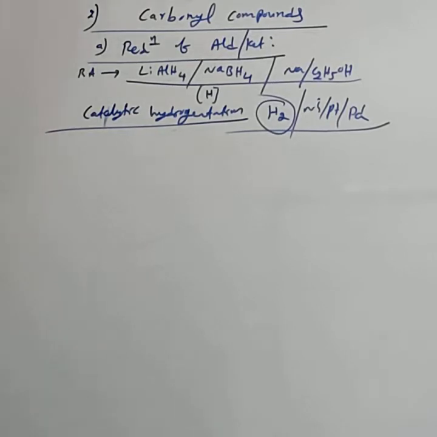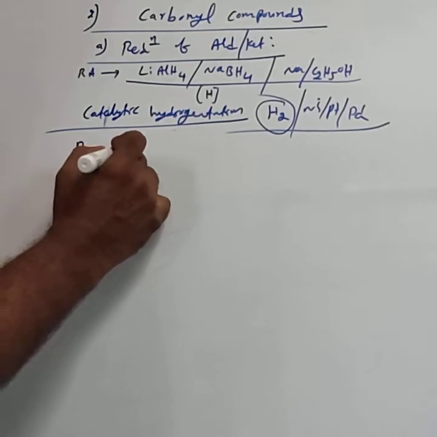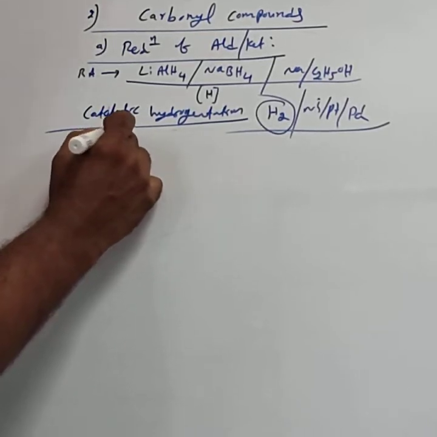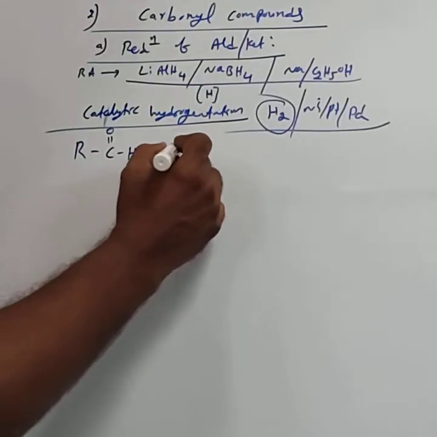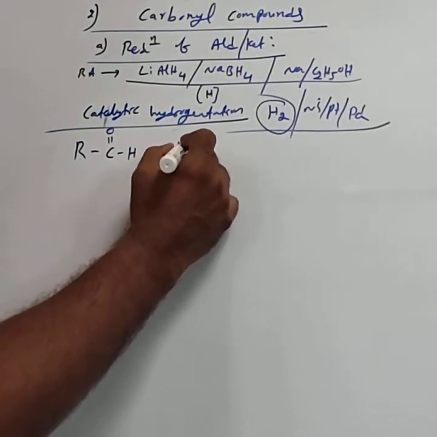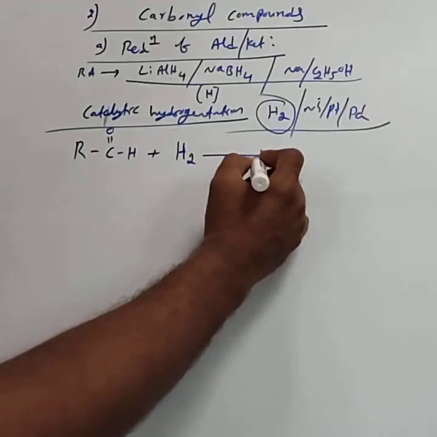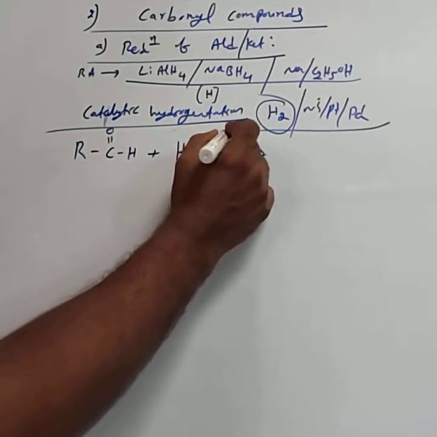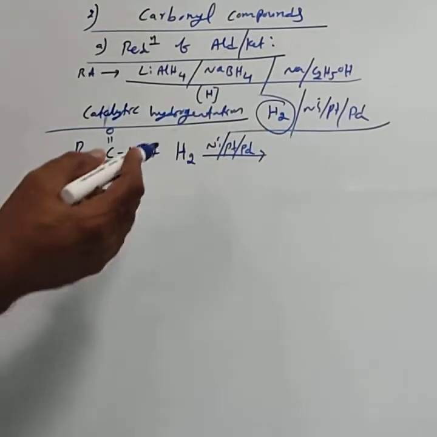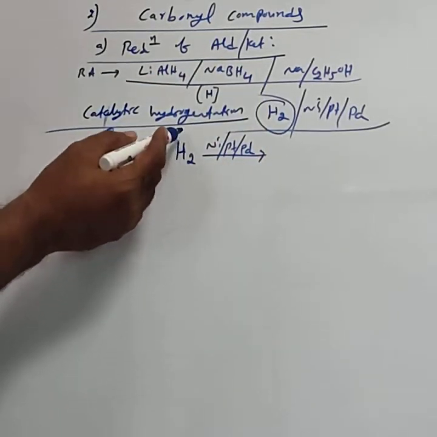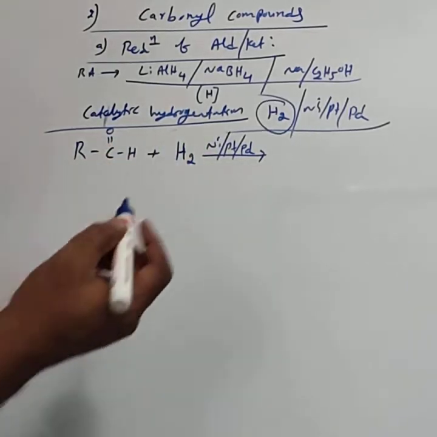You already know the general formula for aldehyde. The aldehyde general formula is RCHO, R-CH double bond O. Aldehydes on catalytic hydrogenation with H2: if you pass hydrogen gas, then you have to mention either nickel, platinum, or palladium.